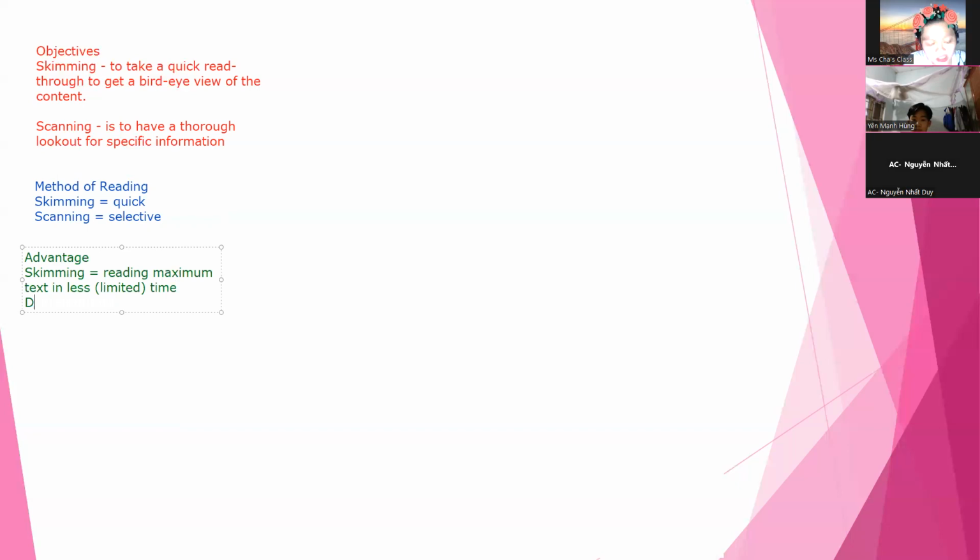In scanning, on the other hand, the advantage is finding all the required information. Since you are already looking for certain information, you can find it. Scanning is a technique we sometimes use when we are doing the exam. So, teacher, what do you mean by that?